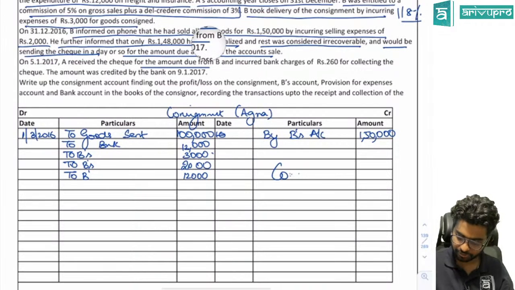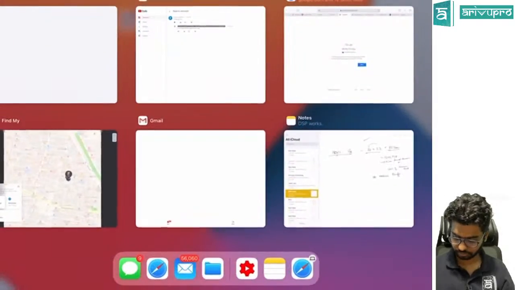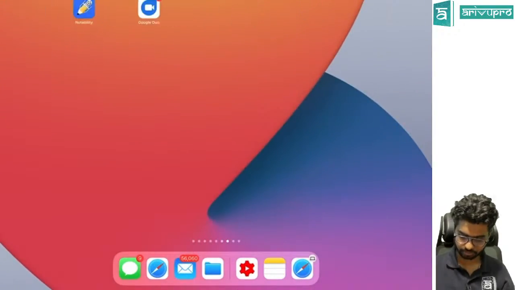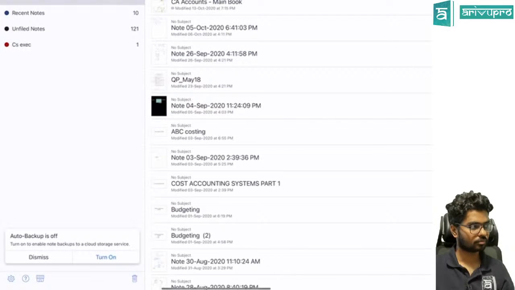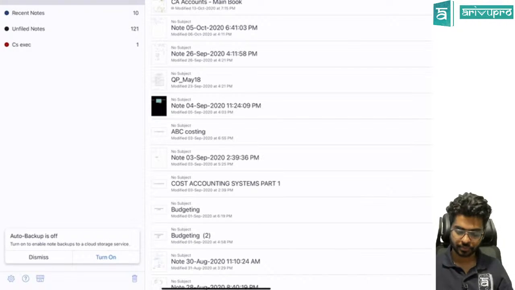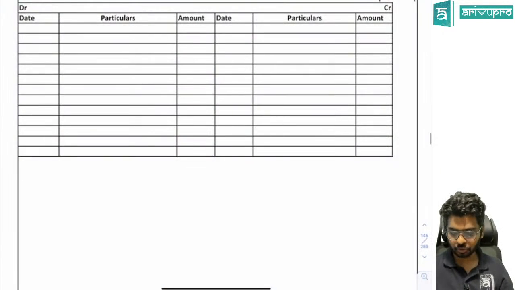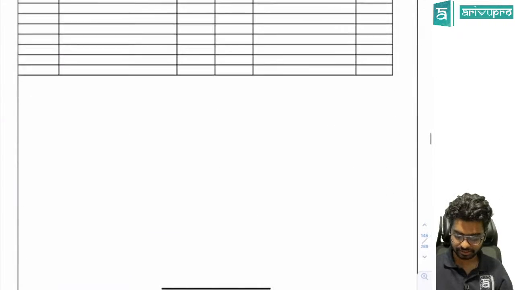A received a check from B for the amount due from B and incurred a bank charges of 260 for collecting it. Now, who should bear this bank charges?